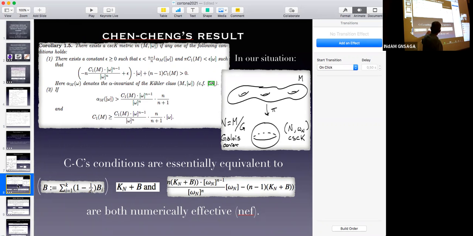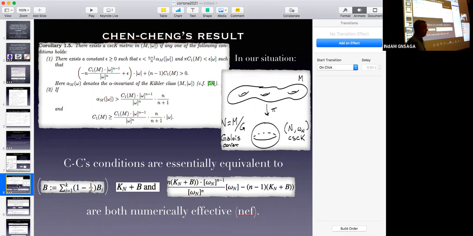What they're really asking is that the canonical class plus the branch locus is NEF, is numerically effective, and this combination, because this is really the C1, the first class of N, minus the branch class of N. So basically, just put this information there. What we're asking is the nefness of these two line bundles, or Kähler classes. The classes correspond to these line bundles.